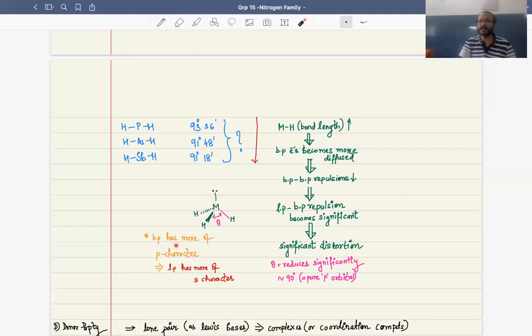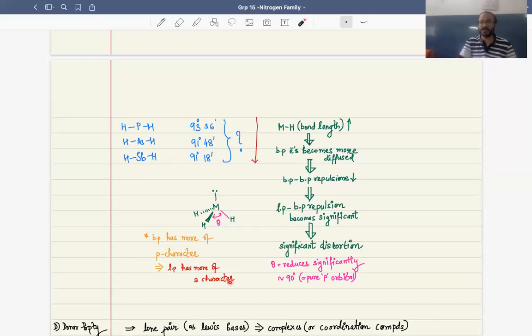The bond pair is becoming more of p character because of the decreased bond angle, and correspondingly the other orbital which contains the lone pair is becoming more of s character.